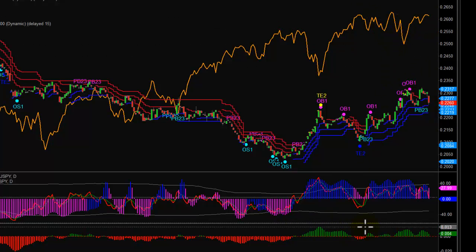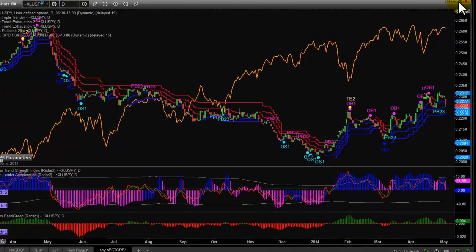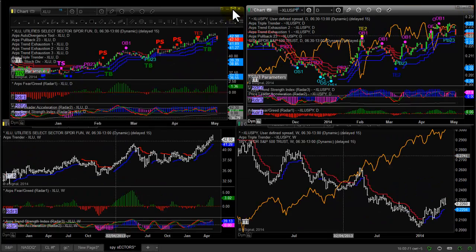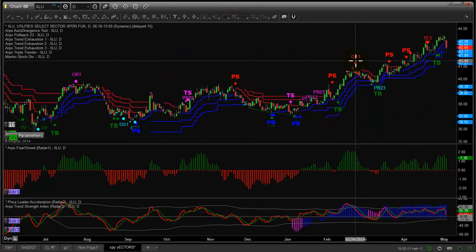And when we look at some of our other indicators, like the fear-greed indicator down here, we can see that there has been strengthening buying in this sector since about January of 2014, which is when our bullish trend in this sector was confirmed. Now if we look at the XLU daily by itself, we can see that it's a pretty stable ETF, kind of going very sideways.